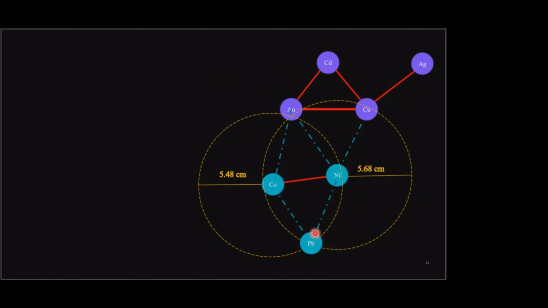It is related to the lithology. This cobalt-nickel correlation probably is indicating an ultramafic rock, and in many cases we have lead as part of these ultramafic rocks. So this is how you do your RCC and the graphical representation of the RCC.